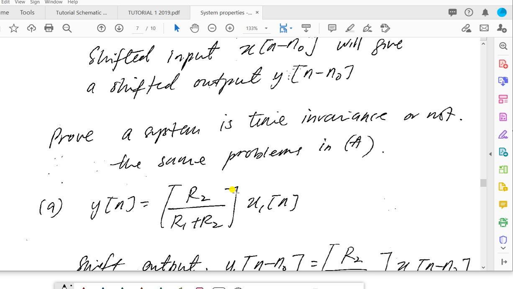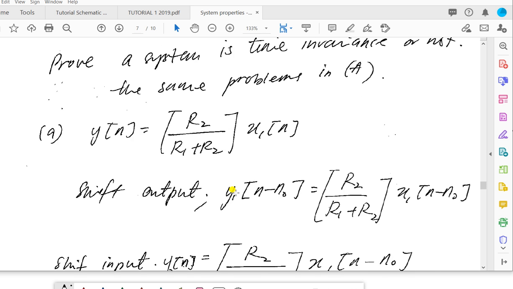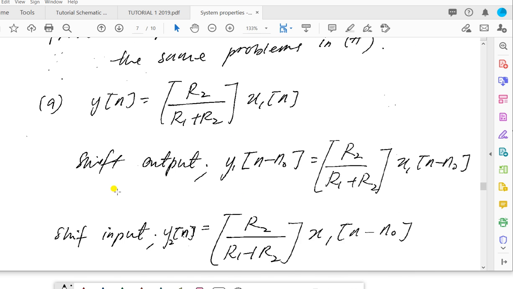All right, so for the first system, when we shift output, we shift all that is n in the system. All that is n in the system, we have to shift.